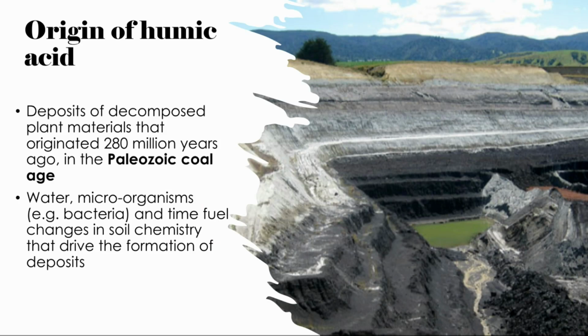When you combine decaying plant matter with water, microorganisms, and time, and you give chemistry an opportunity to do what it does, that decomposing organic matter turned into humic acid. And there are deposits across North America and other parts of the world.